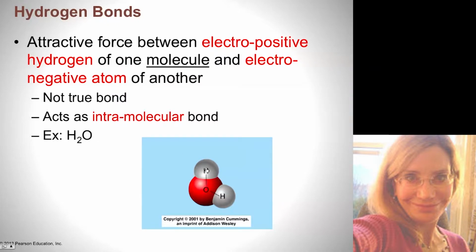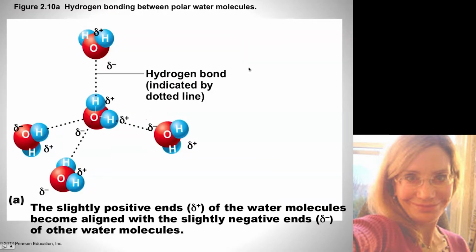And that is when one water molecule here, this is actually a polar covalent bond, if you will remember. When it interacts with other water molecules, we have bonding here between this water molecule and this water molecule, and then between this water molecule and this one, and this one, etc. And so that actually is why water has certain properties, such as being cohesive and adhesive, where these water molecules are attracted to one another.